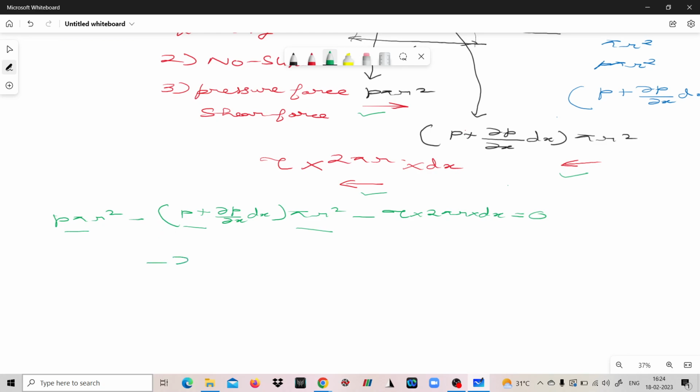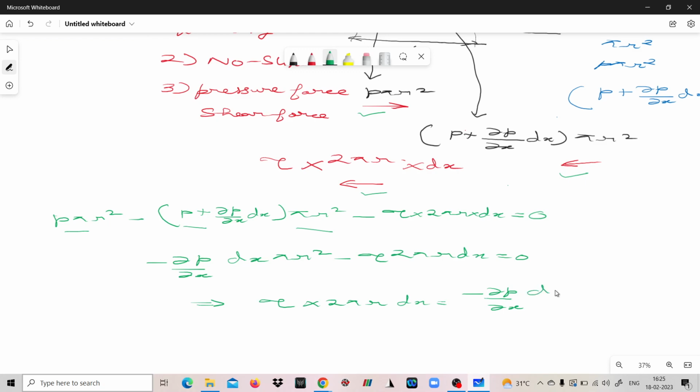So effectively you will be left with minus of del p by del x into dx pi r square minus tau 2 pi r dx is equal to 0, or tau into 2 pi r dx is equal to minus of del p by del x dx into pi r square.